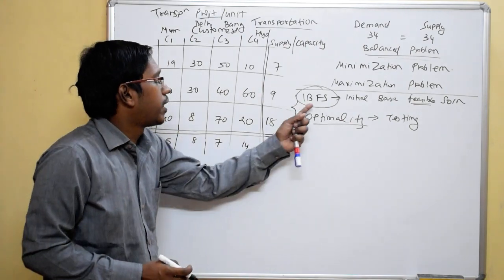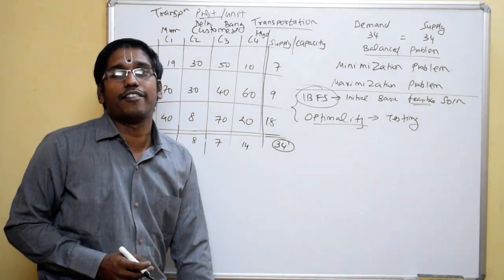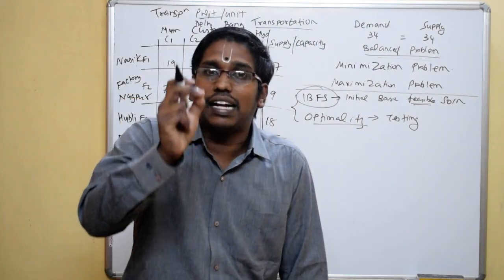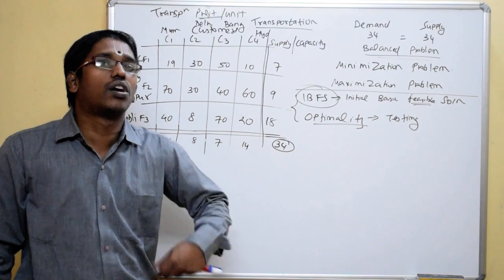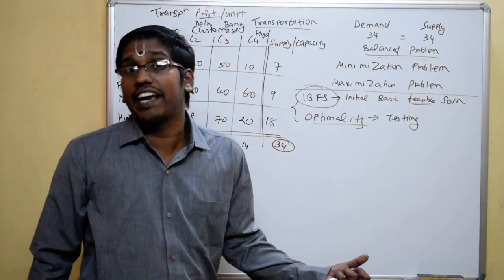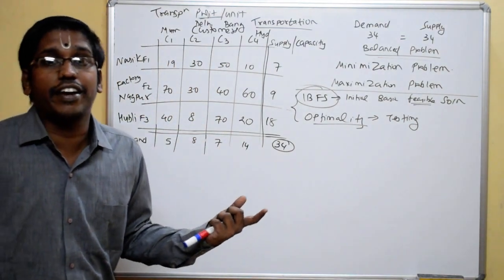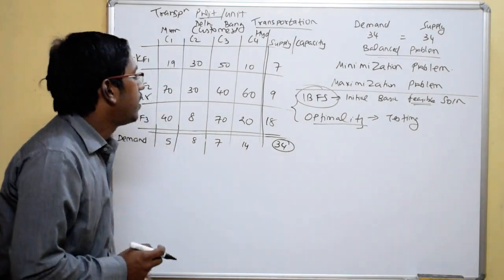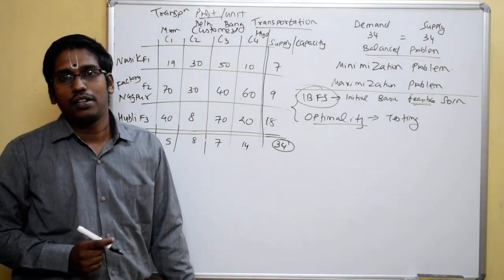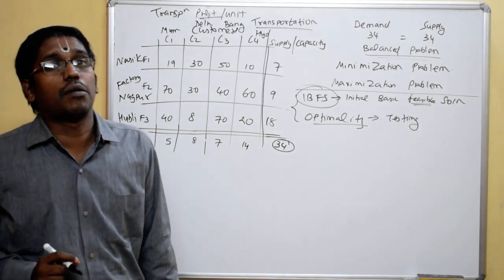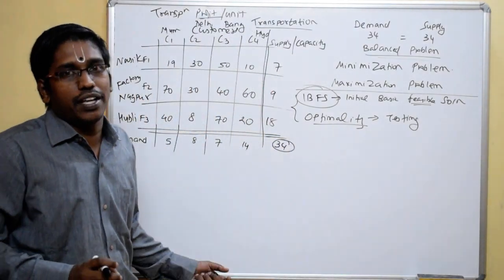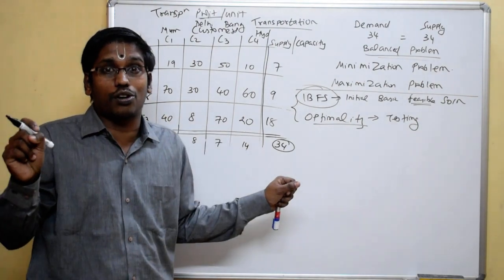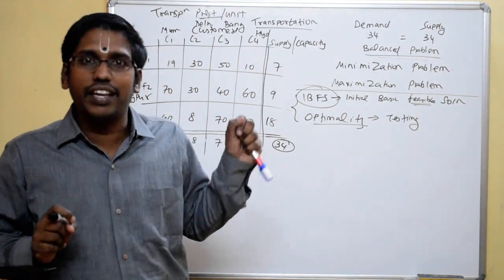But once you make the IBFS, if you are able to prove that this particular solution is the solution with least cost, there is no other way of transportation possible wherein I will be able to reduce my cost, then I will say that this particular solution is optimal. Which means when I talk about a minimization problem, I need to prove that the way that I am transporting this is the least possible cost, or that cost cannot be reduced further.